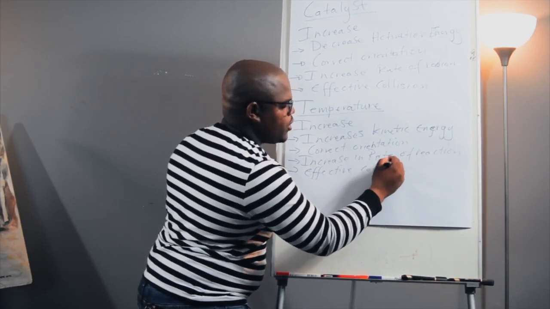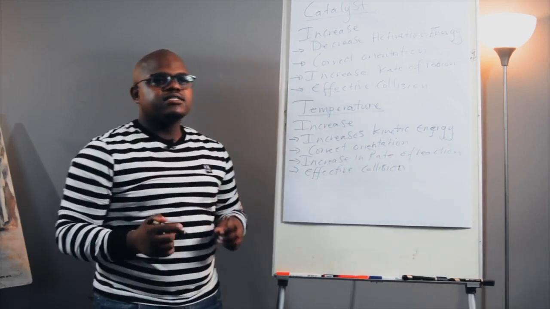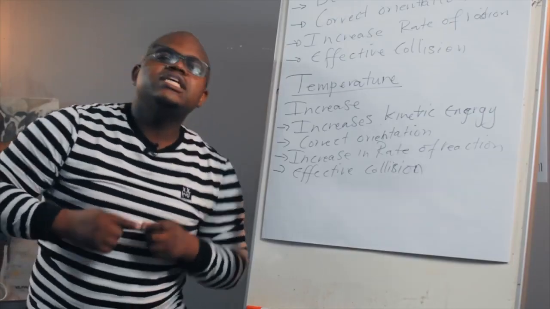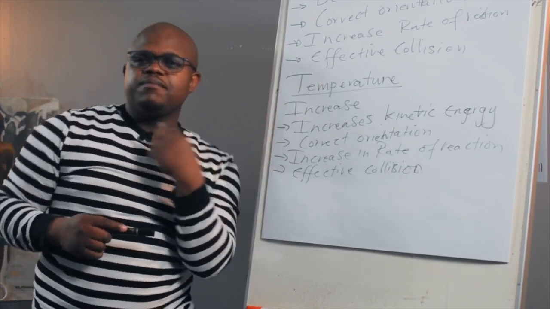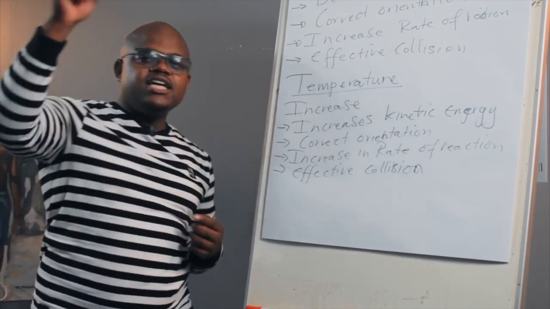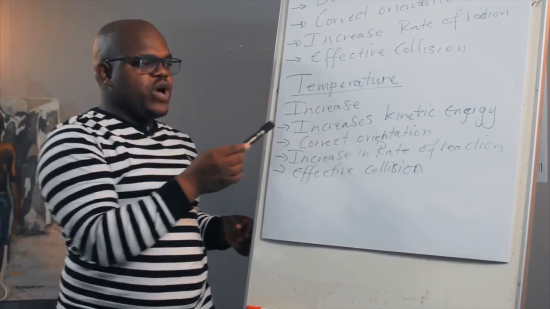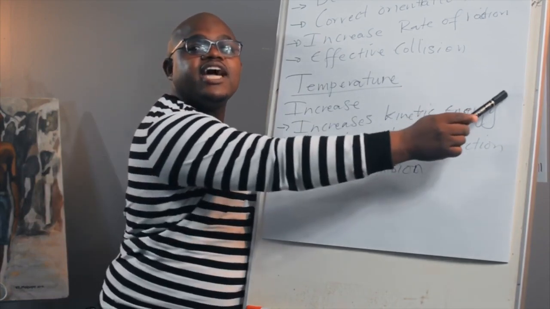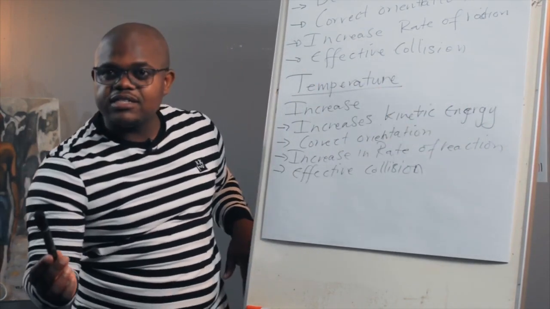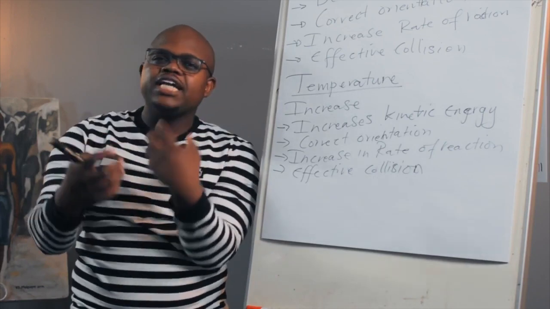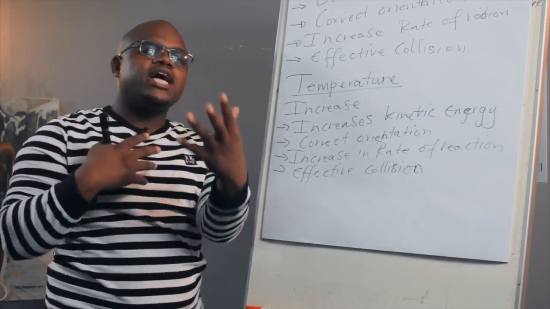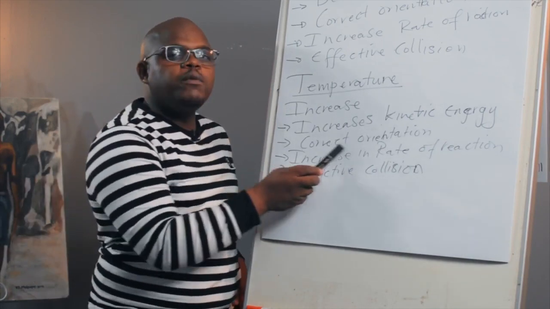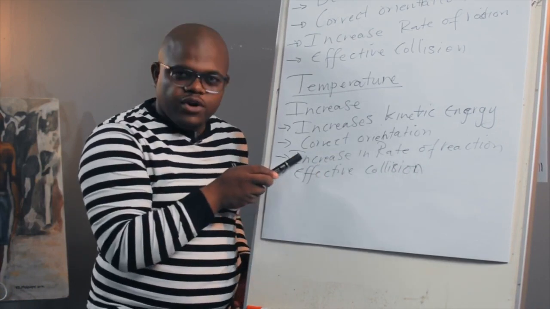Now, the question I always get from my learners is: sir, what happens if we decrease the temperature? Okay, if we decrease the temperature, that means we are decreasing the kinetic energy of the particles. The particles will not collide effectively. If they do not collide effectively, that means there won't be a correct orientation.